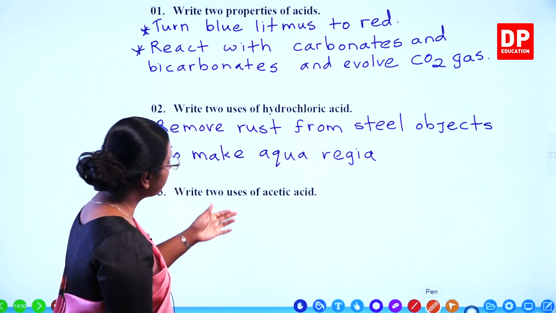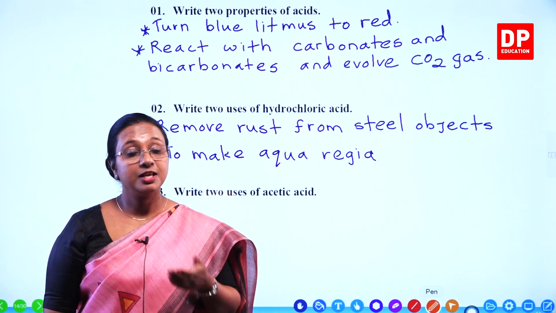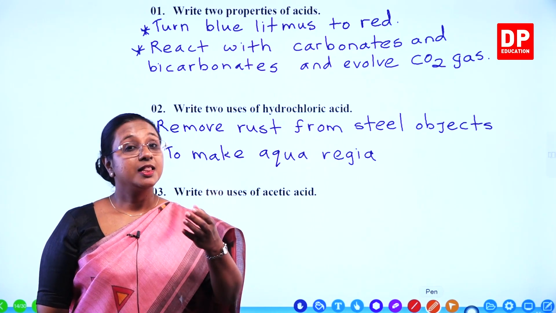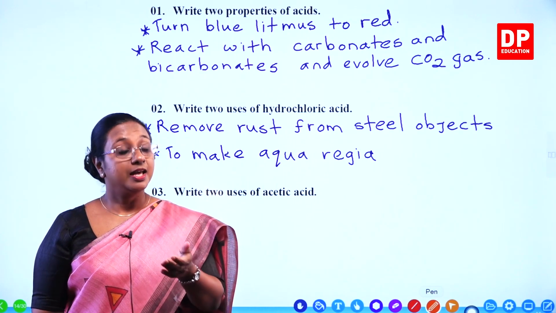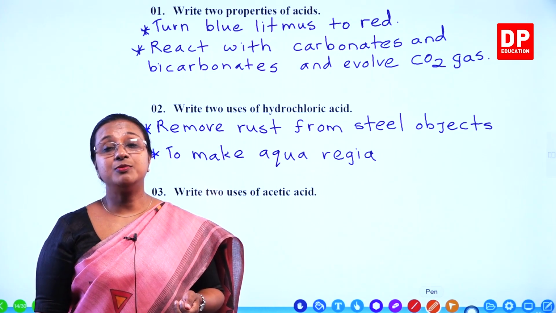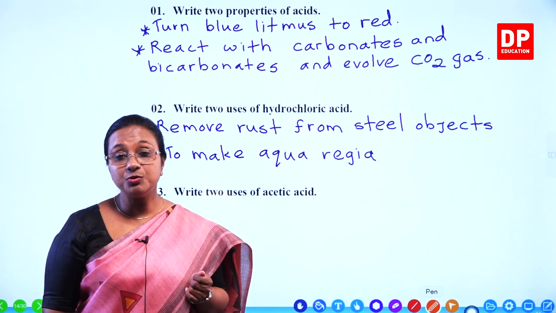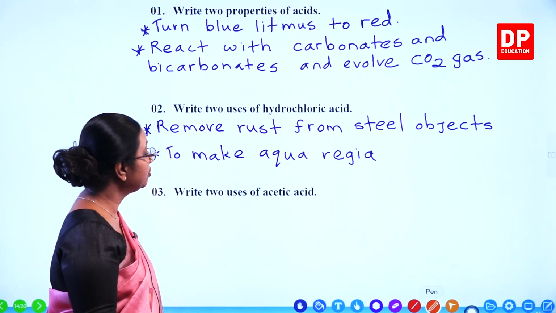Write two uses of acetic acid. What are the uses of acetic acid? You all know acetic acid is present in vinegar. Then to coagulate rubber, we can use acetic acid. Also, acetic acid can be used in the paper industry and also to produce synthetic thread. So, we can write any two uses.